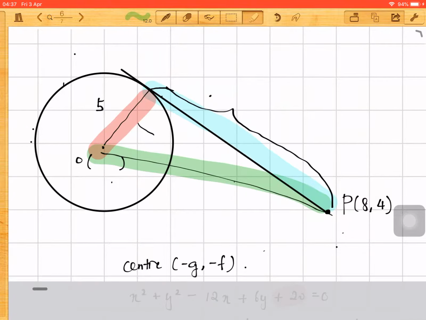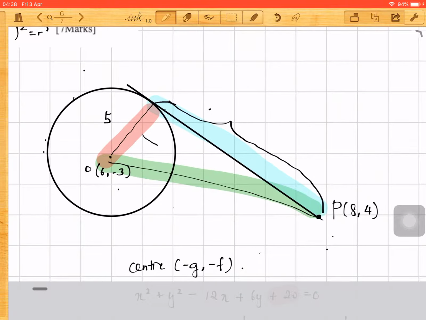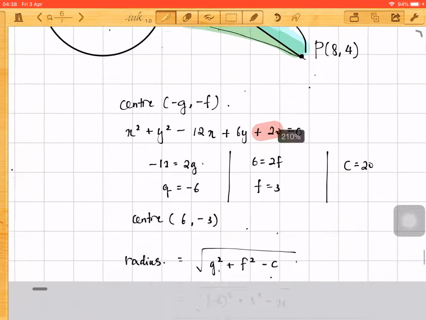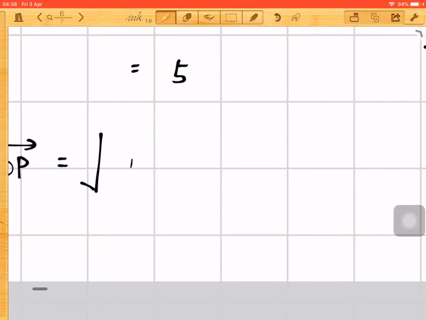The green color one we will find right now is the distance between 2 points. It is between this center and this point P. So the distance between OP, we use square root of (8 minus 6) squared plus (4 plus 3) squared.